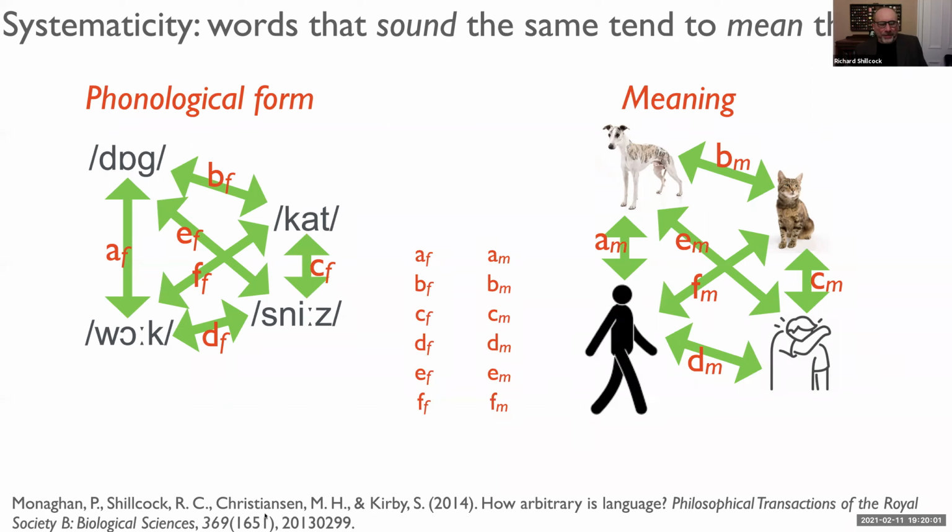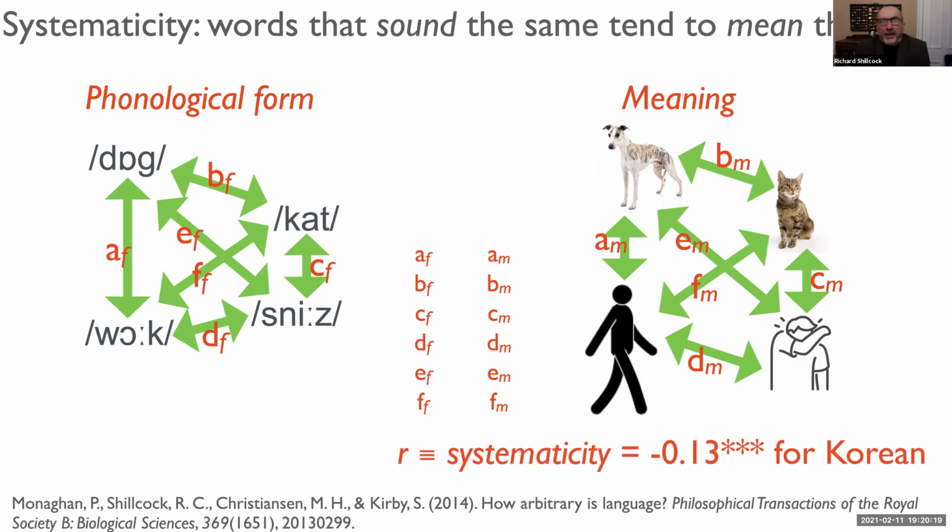What we find in this paper here is that there is a significant correlation. It's very small, it's 0.065. It's very significant, but really small. When we did this for Korean, what we found was it was much bigger. It was twice as large, 0.13.